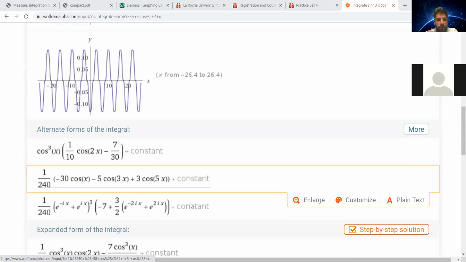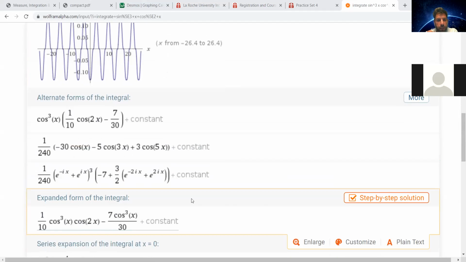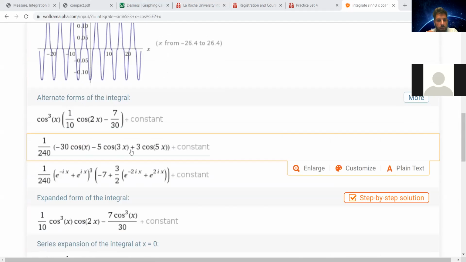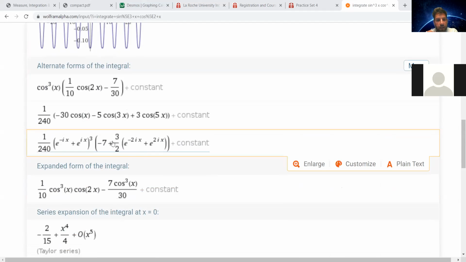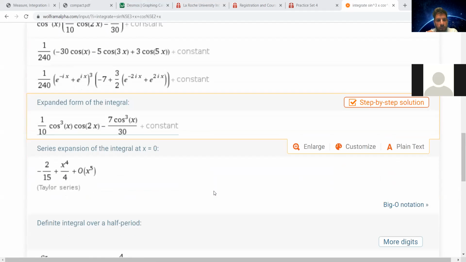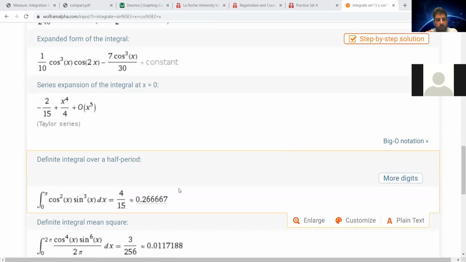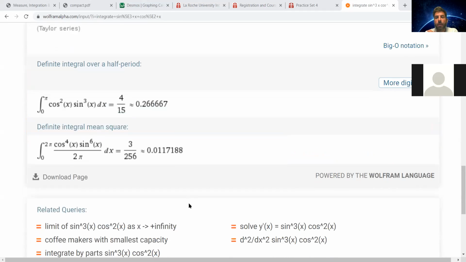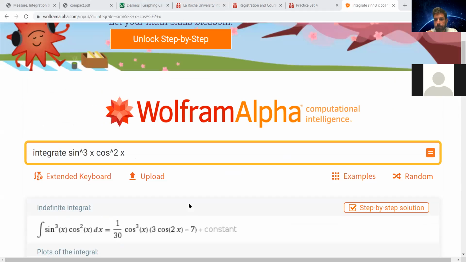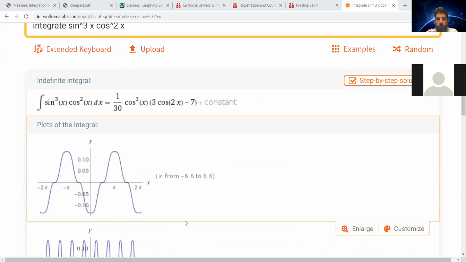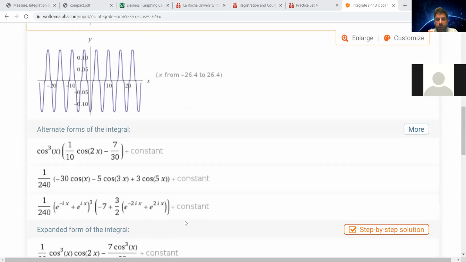Now, here's some alternate forms. They wrote it like this, and then they're going to start scaring you down here. Woo! Then you have all this. Oh, by the way, here's some advice. When you go to Wolfram or any web page and you write something down and you copy it, don't copy something down unless you understand what it means.